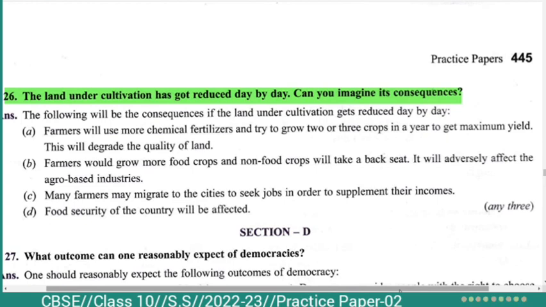A. Farmers will use more chemical fertilizers and try to grow 2 or 3 crops in a year to get maximum yield. This will degrade the quality of land. Next point. Farmers will grow more food crops and non-food crops will take a back seat. It will adversely affect the agro-based industries.